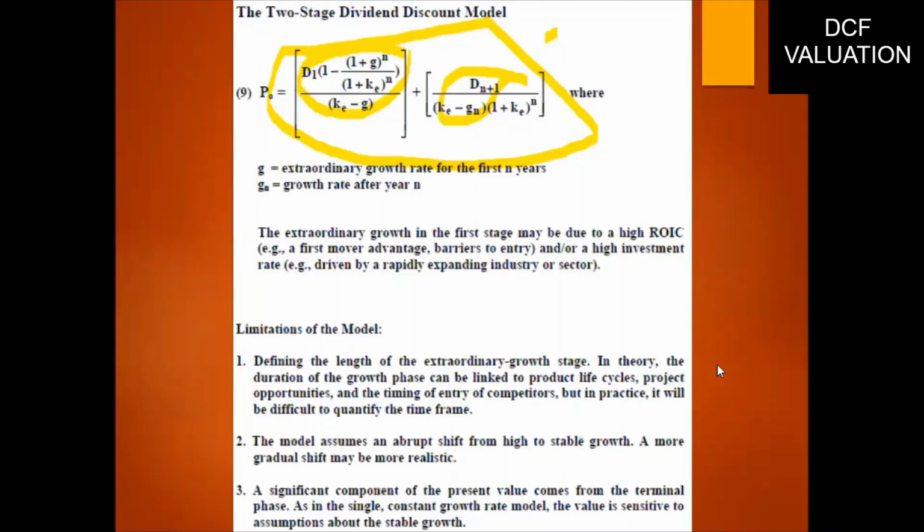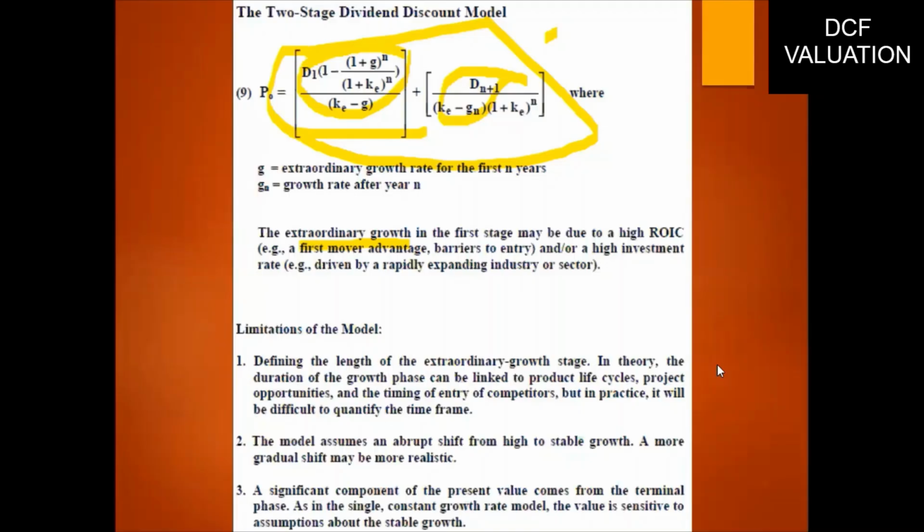The extraordinary growth in the first stage may be due to a high return on invested capital. Why do we have an extraordinary growth phase? Let's say the company is the first mover in the industry. So the supernormal growth is due to their first mover advantage.